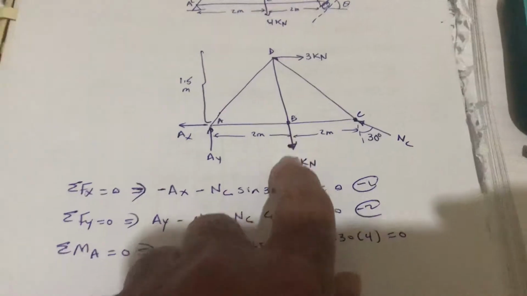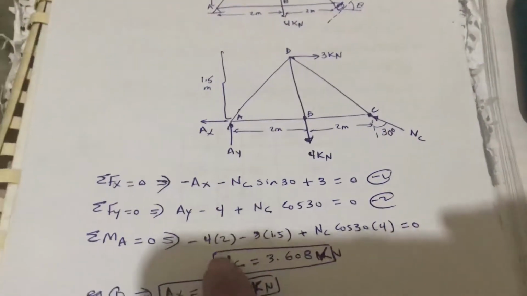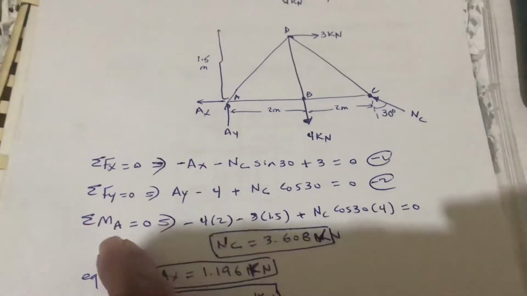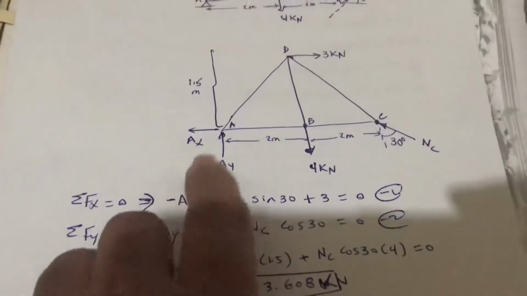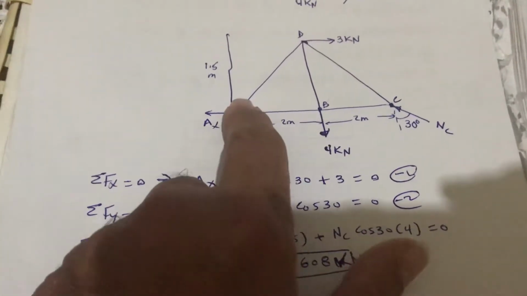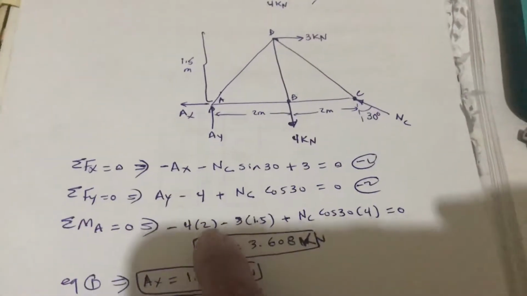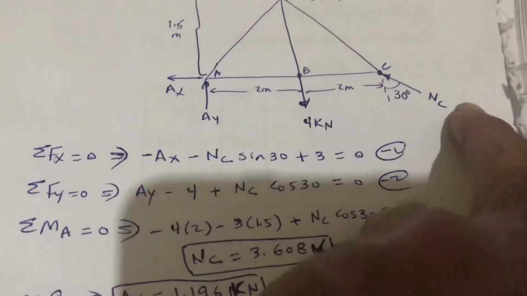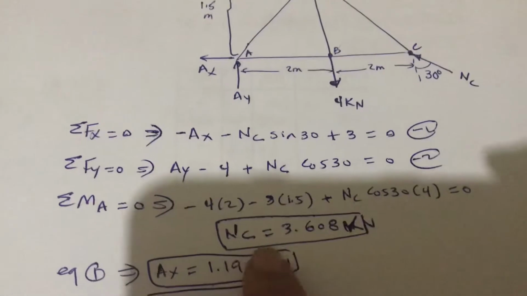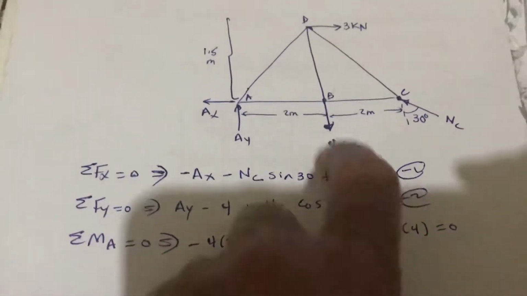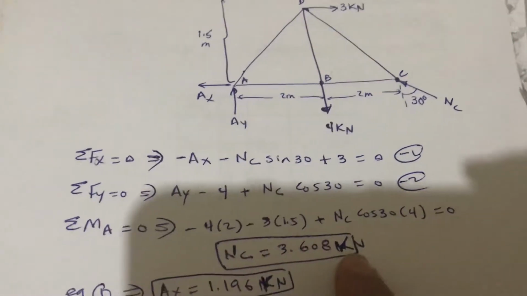And also 4, we'll take it like this, minus 4 times 2. So we put it all. Why do I take summation of moment at A? Because I want to cancel out AX and AY together, so I'll have only one unknown. From this, you could find that NC, the normal force at point C, the reaction at the ruler, is equal to 3.608 kilonewton. Everything else is in kilonewton, so you put this one as kilonewton.